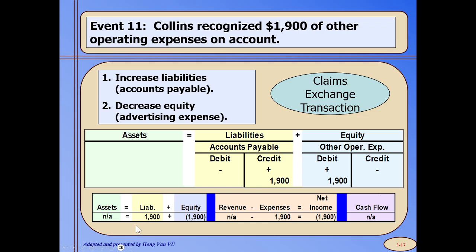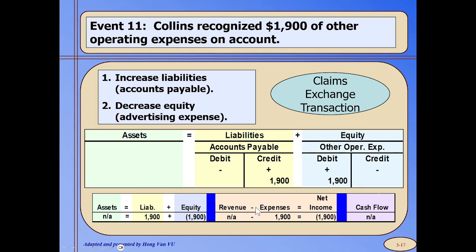And finally, if you look at the impact of this transaction on the financial statements model, for the balance sheet, assets equal liability plus equity, with no impact on assets because it's a claim exchange transaction. So we increase the liability, but we decrease the equity.